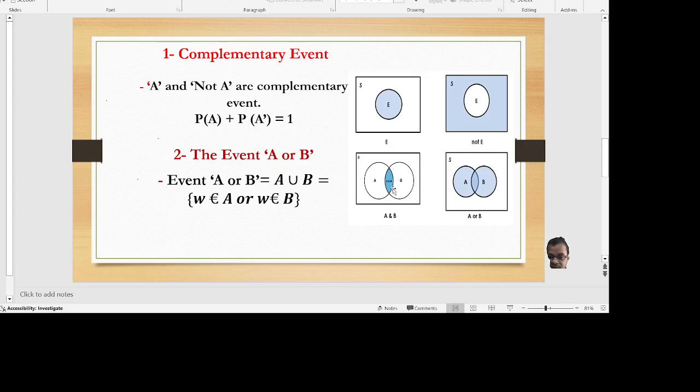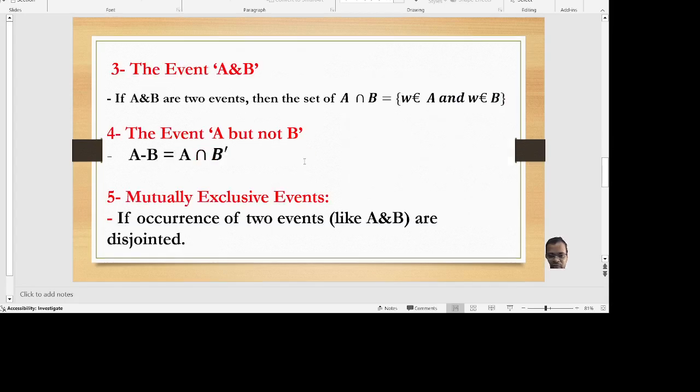So the outcomes of B are all out, and only A, barring the shaded part, is A and not B. You can find it through the Venn diagram.